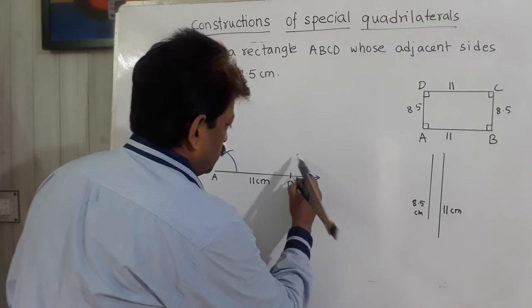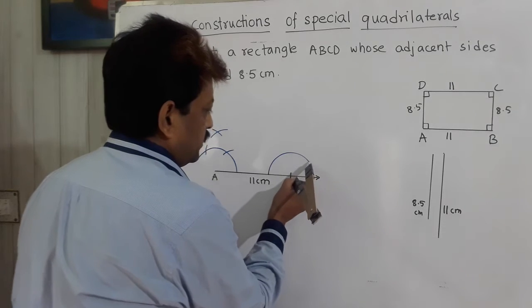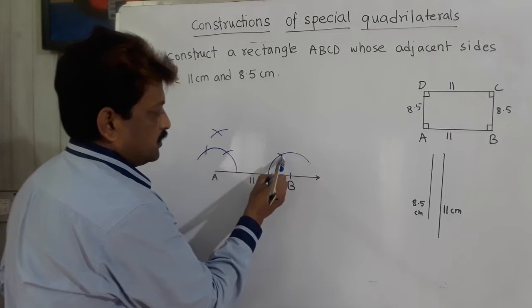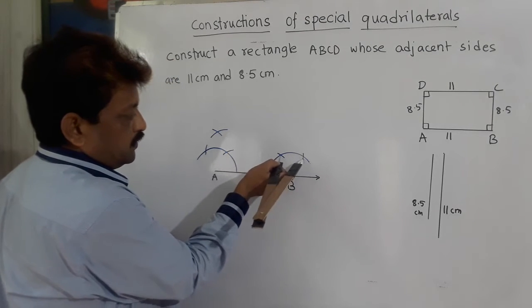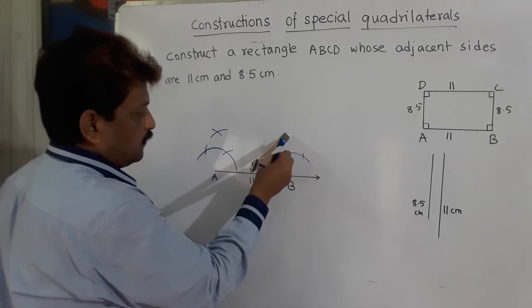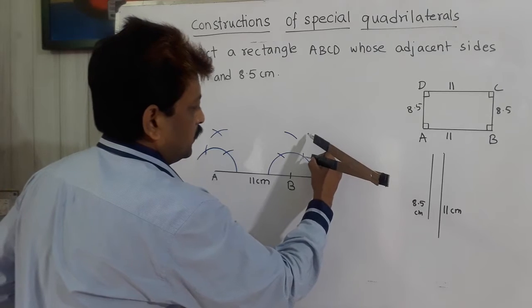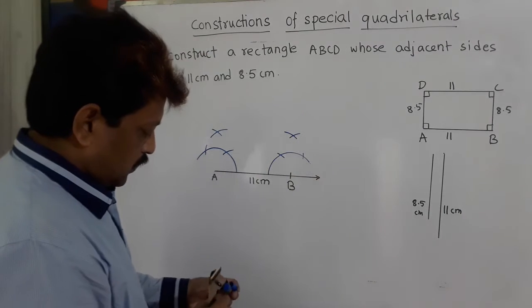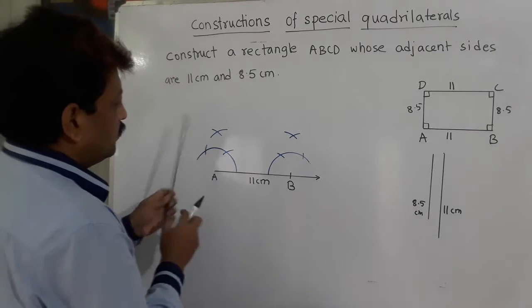Similarly here also the same process will be followed. An arc with any radius, then cut this arc with the same radius. This is 60 degree, this is 120 degree, and here 90 degree. So 90 degree is drawn both at A and B.